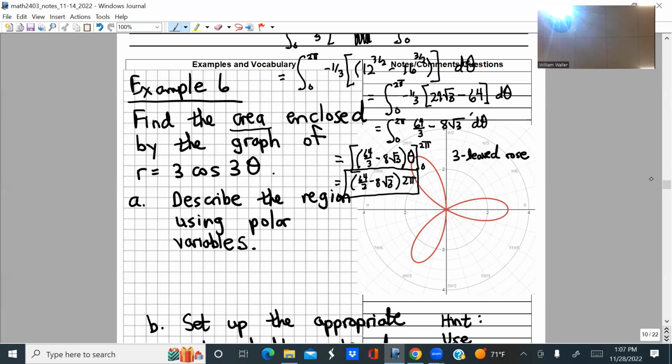So I want to find the two-dimensional area enclosed by it. Now there's a college level problem, right? So it's not a volume.